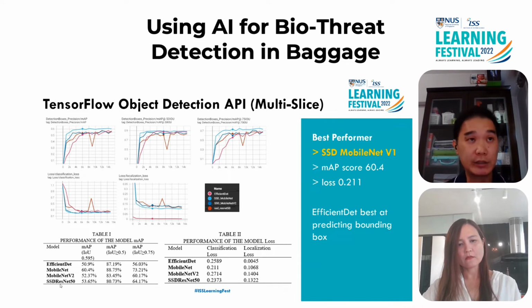All in all, you can see that the overall best performance is MobileNet version 1 with a mean average precision score of 60.4. Just for comparison context, the COCO dataset evaluation done on the pre-trained model scored only about 29.1. So the score of 60.4 is actually a very good result.